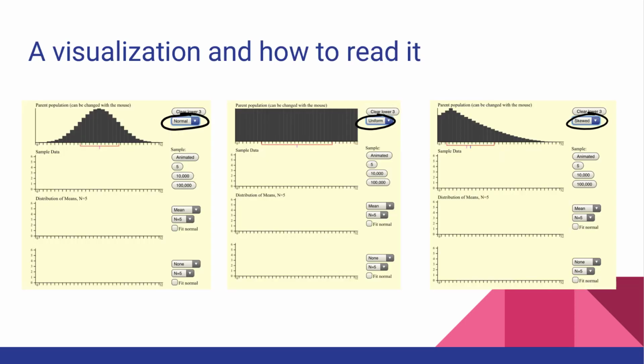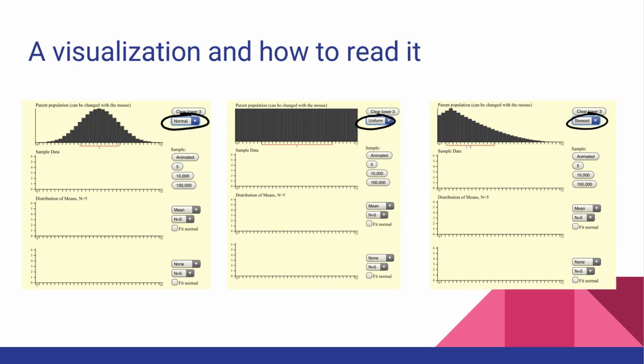And Rice University actually has this amazing online applet that gives a visualization of this concept. Before I get into how it actually works, there's a couple things that you need to know on how to read this. This thing right here tells you what kind of distribution the actual parent population has.